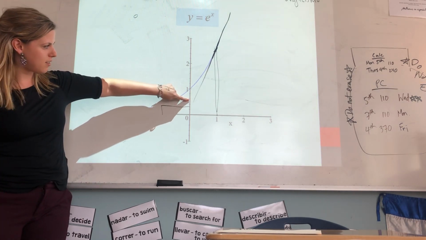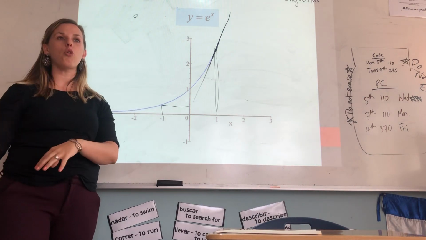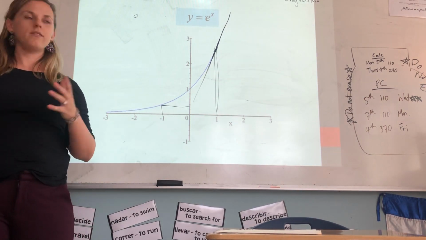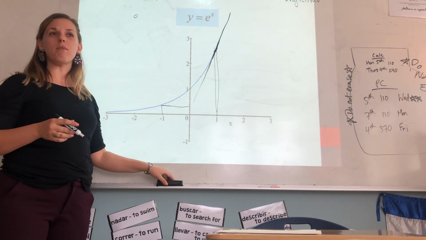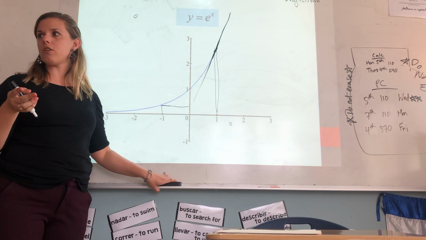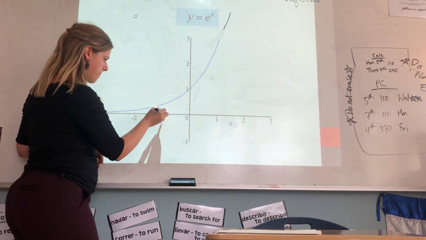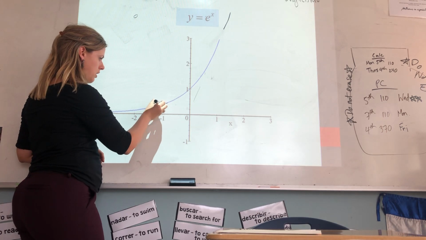About 0.25, like a third, 0.3, okay. Somewhere around a third, 0.359. That's the y value. Let's find the slope. Okay, so let's draw a little tangent line.